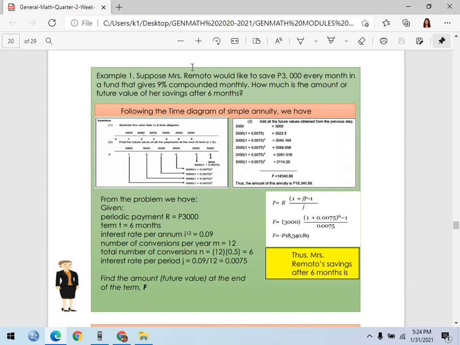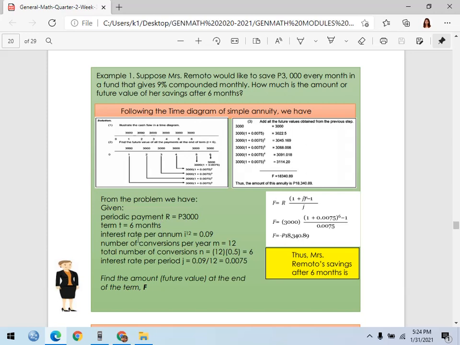So in here, let us first identify the given values. So the periodic payment, or capital R, is 3,000 pesos kasi yun yung babayaran niya every month. So R equals 3,000.